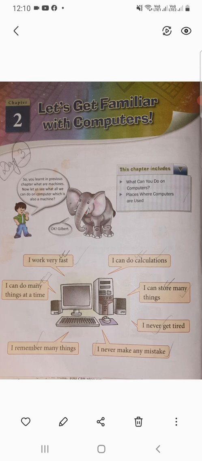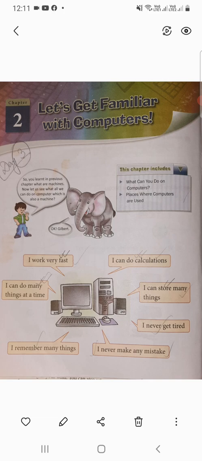So as our computer is a machine, what can a computer do? A computer says to us what it can do. I work very fast. What is the next point? I can do many things at a time. And the next thing, I remember many things.